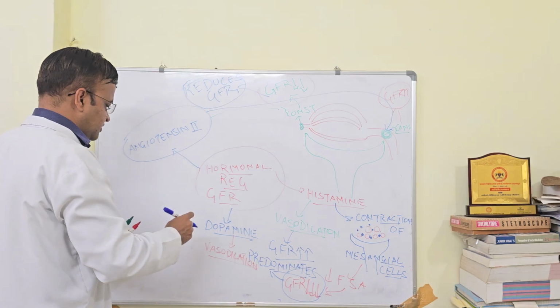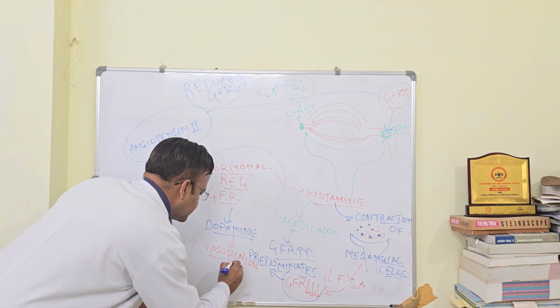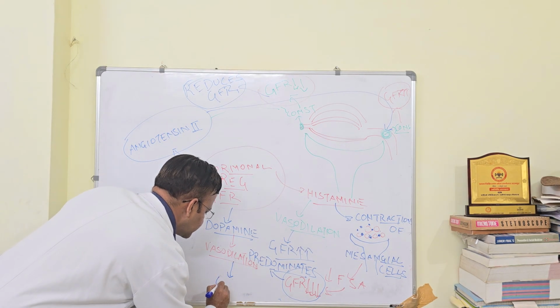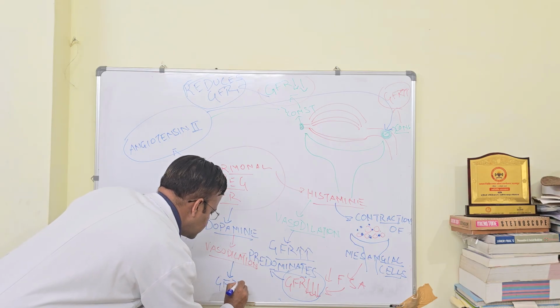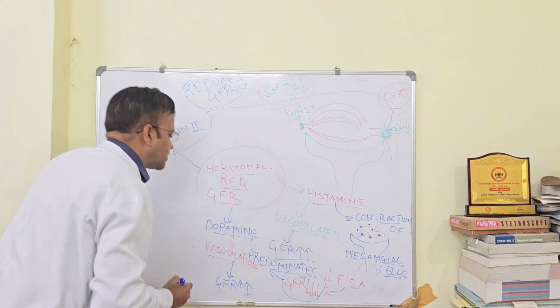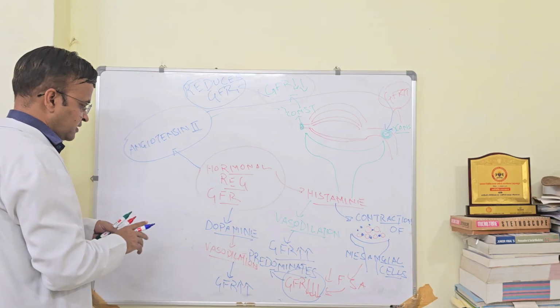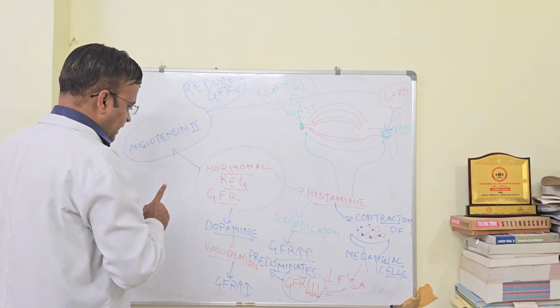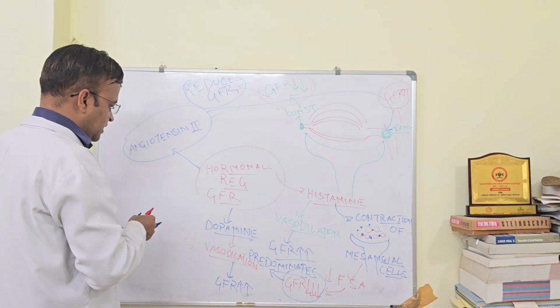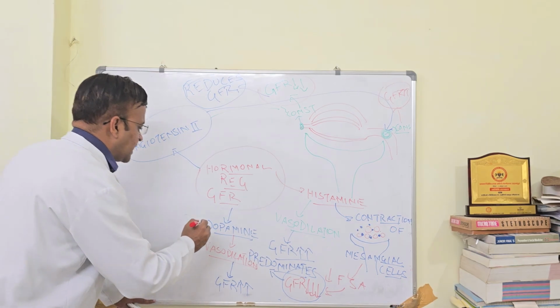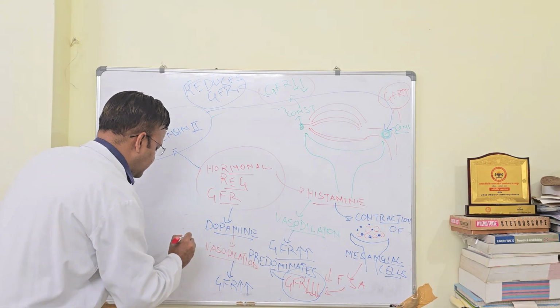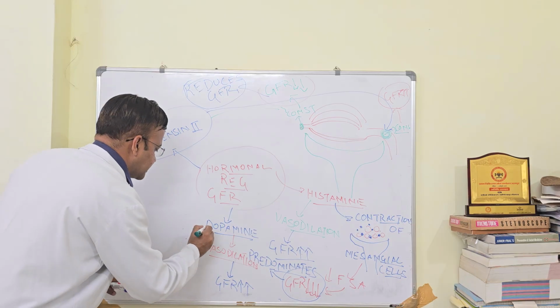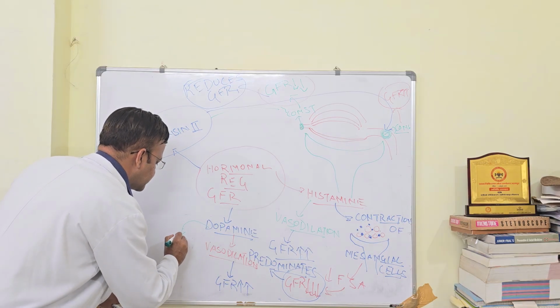If vasodilation happens, as easy, it will increase your GFR. Of course, we are talking about vasodilation of afferent arteriole, right? What else can it do? It can lead to relaxation of the mesangial cells, right? Relaxation of mesangial cells.